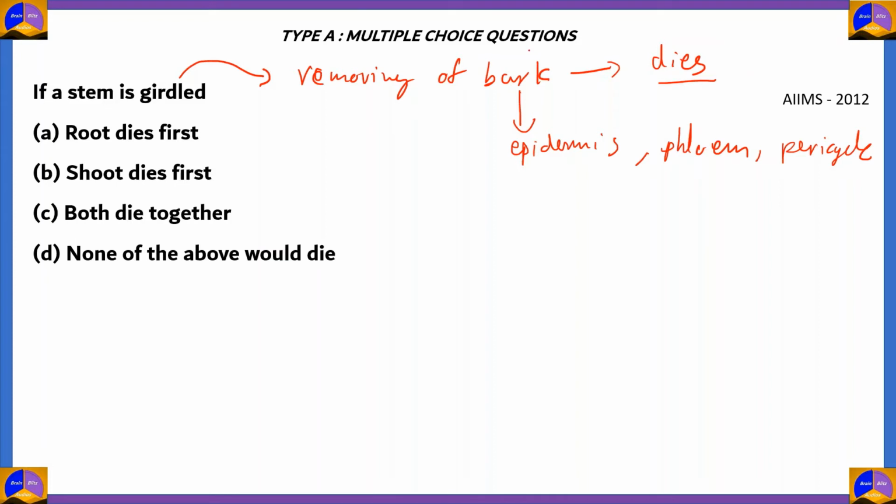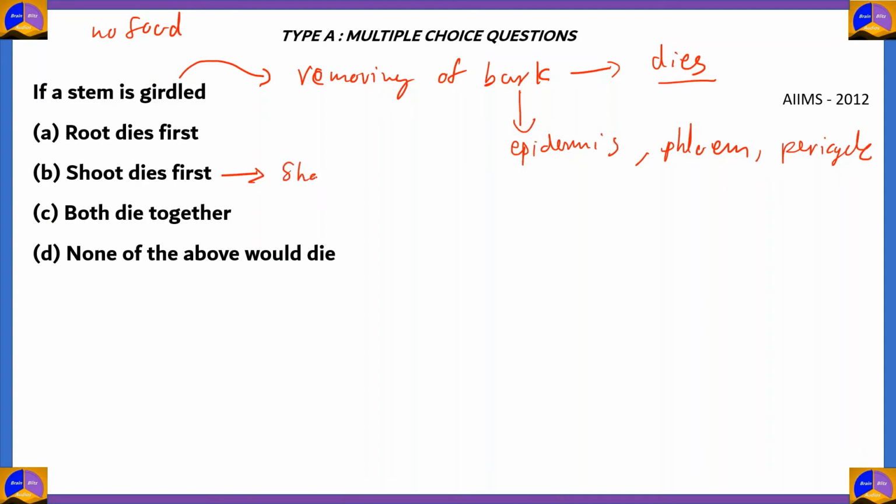So let's look at each of our options. Option B, shoot dies first. Now, in order for a plant part to die, it needs to have no food. So when there's no food, the plant part starts to die.